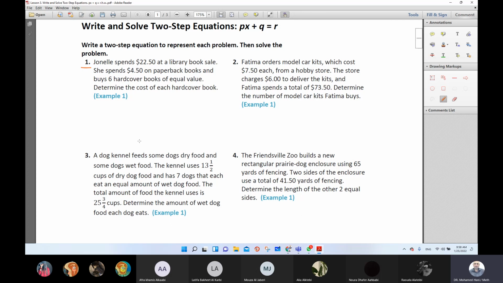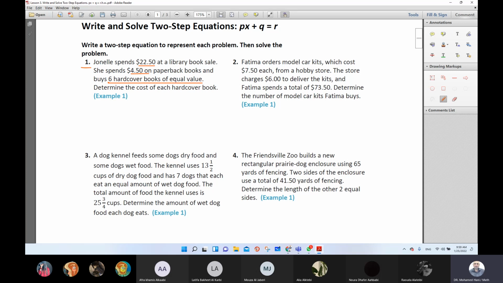Okay, listen. Julian spends $22.50 at a library bookstore. She spends $4.50 on a paperback book and buys 6 hardcover books of equal value.